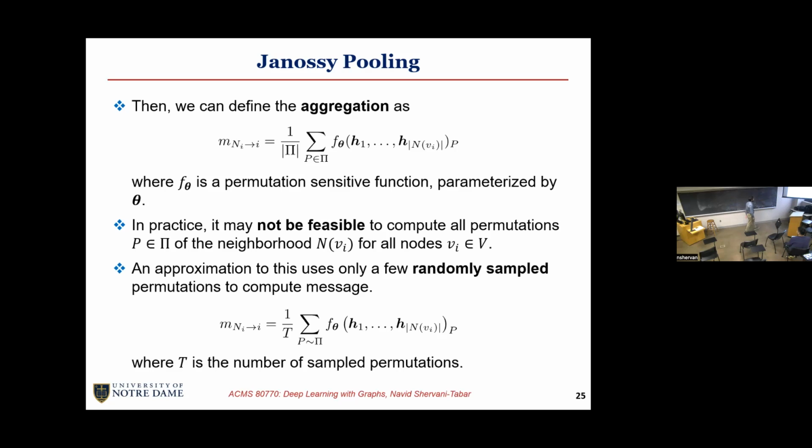Let's say that I take T samples P from this set of permutations, and then I'm just computing f theta with that subset of all possible permutations. And that will usually give a good approximation of the message that we want to compute.